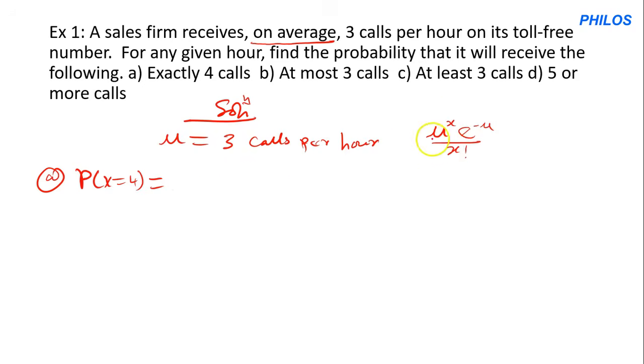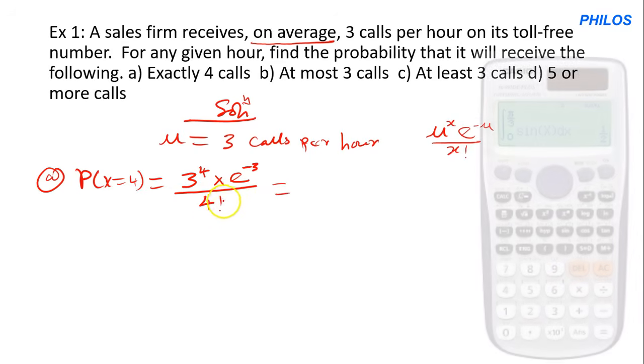Our mean is 3, so we substitute it there. So 3 exponent x, and our x is 4, times e exponent negative 3, divided by 4 factorial. So you are going to enter this on your calculator.